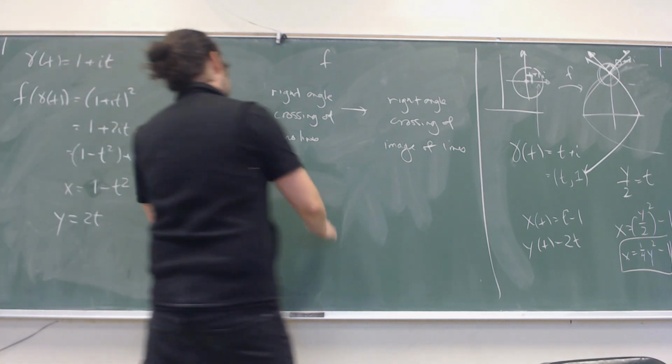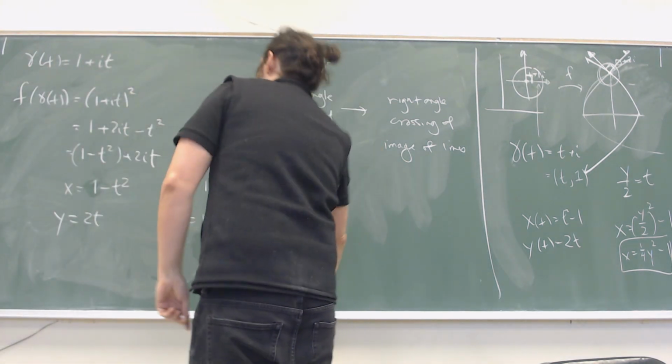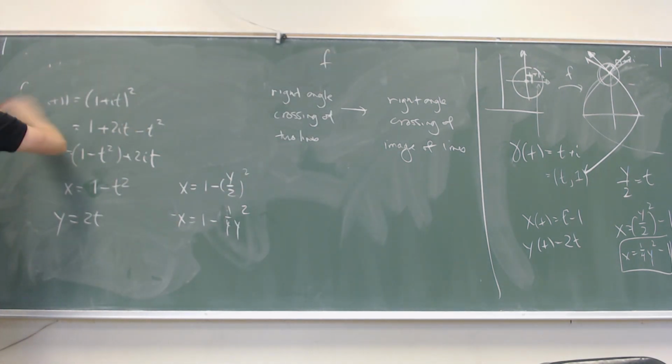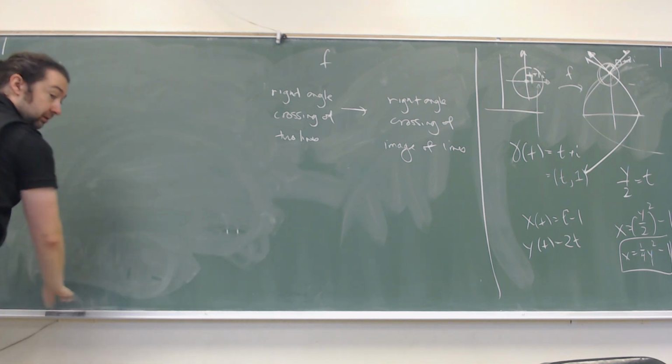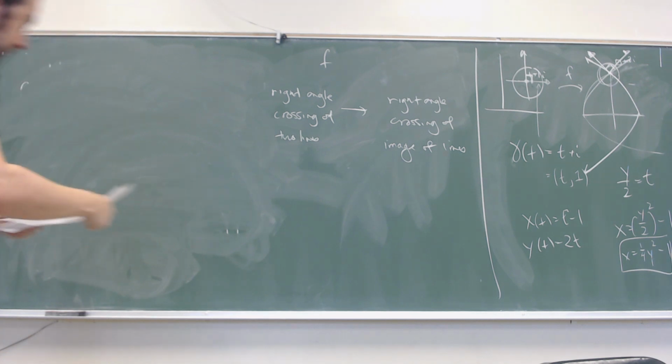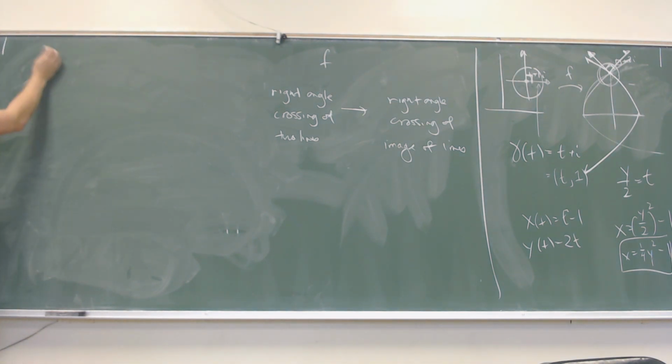Okay, so the fact that we have right angle crossings to right angle crossings is the heart of our first big definition here. Because of the nature of the math in this class, let me remind you what a domain is.